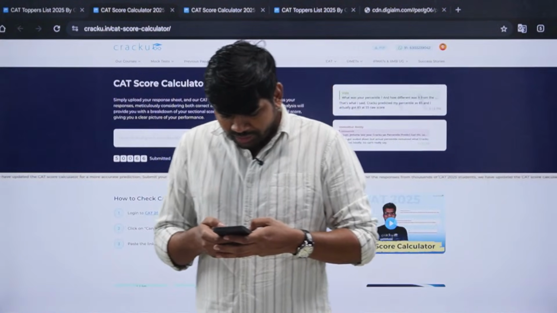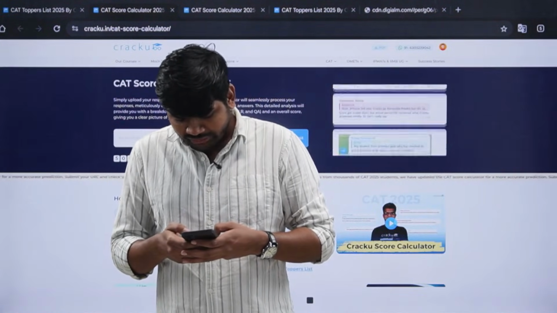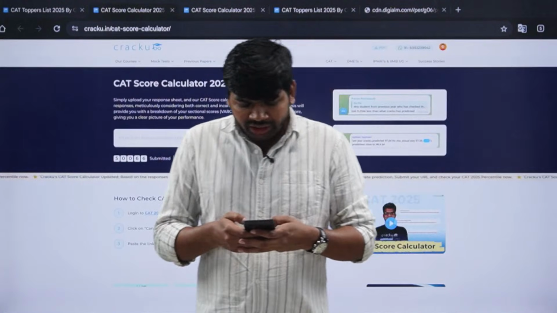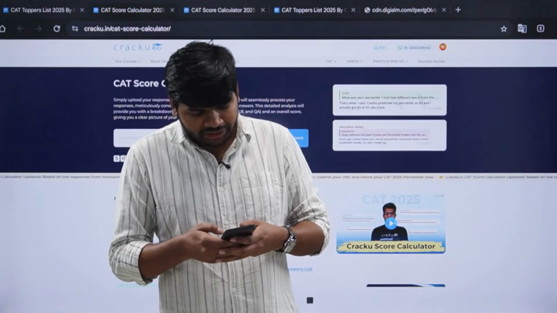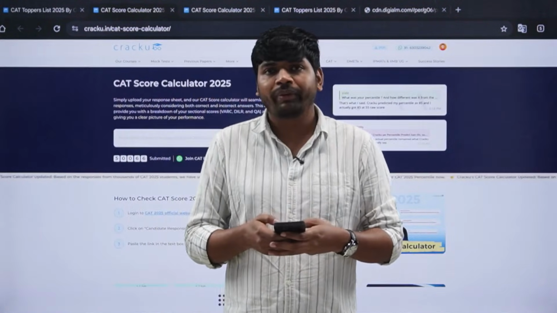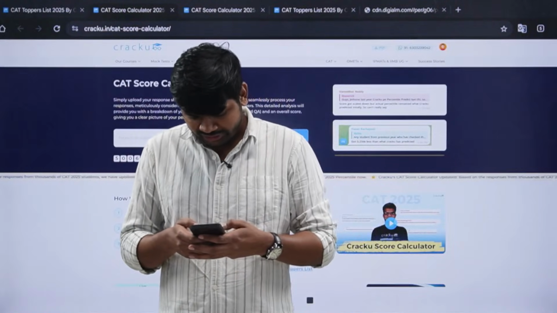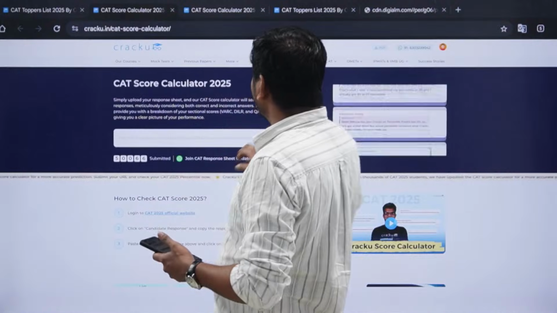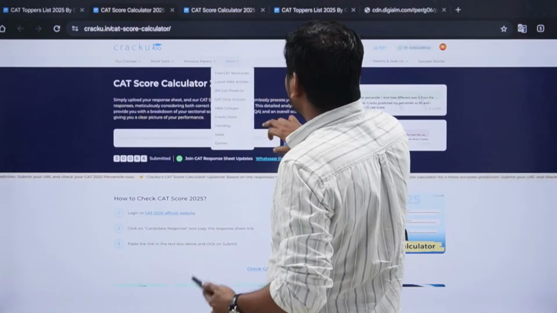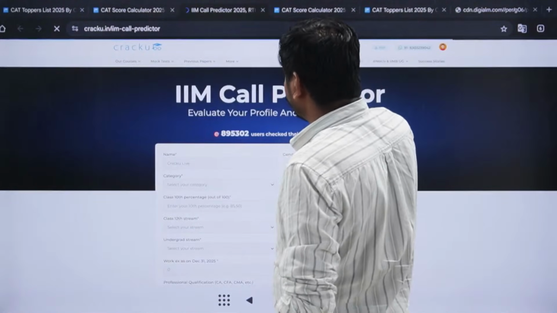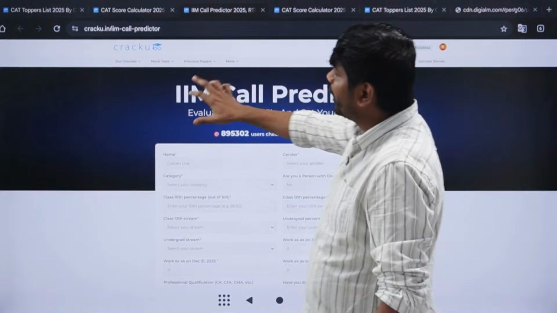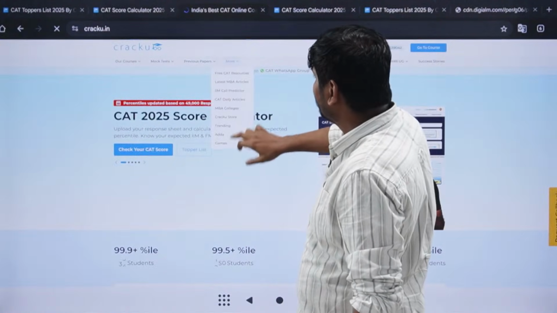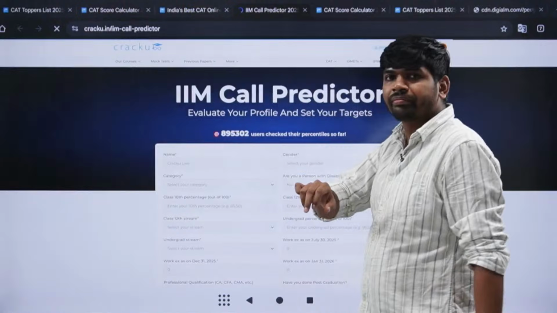The gen non-engineer male, I am Shillong, possible with 95 percentile? See, it depends on a lot of factors. You might get some calls, but you have to perform well in the interviews. Different colleges have different criteria. So what you can do is you can visit our IIM call predictor. Go to Cracku website, click on more, and there is IIM call predictor.